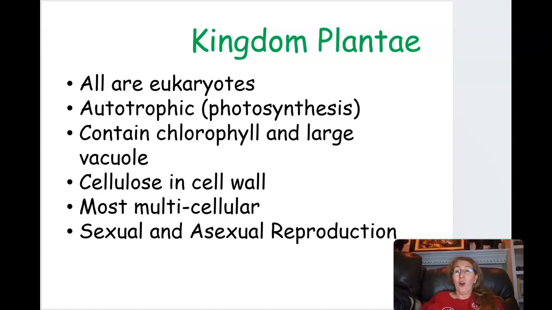Most plants are multicellular, and plants can reproduce either sexually or asexually. Sexually, the process is called pollination, where you have one plant that is a female plant and one plant that is a male plant. The male plant produces pollen, and that pollen is delivered to the female plant to the stigma.